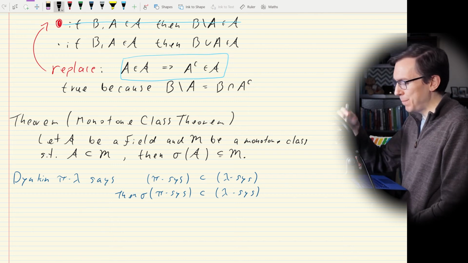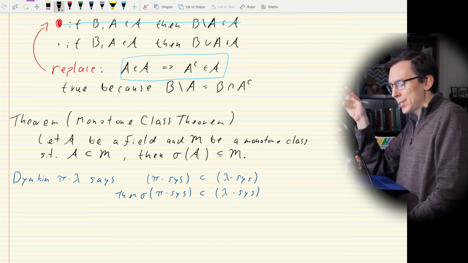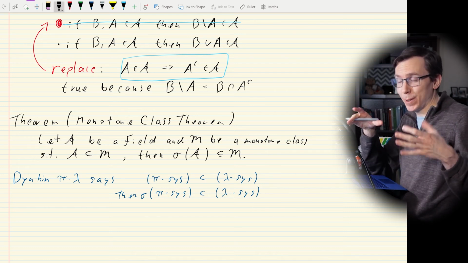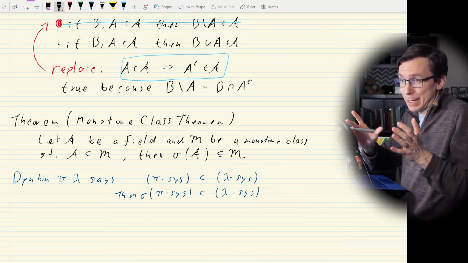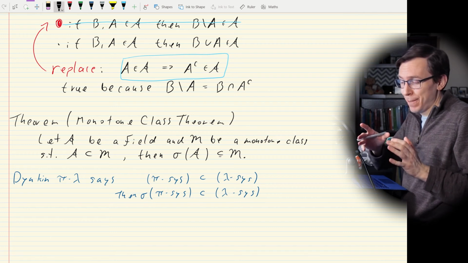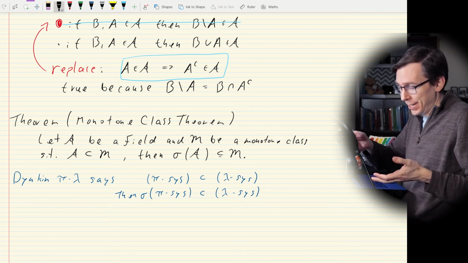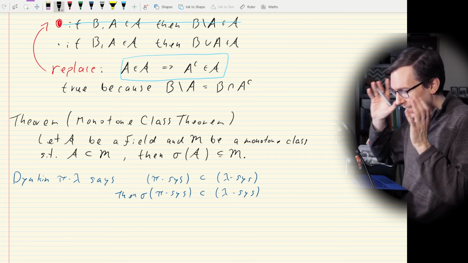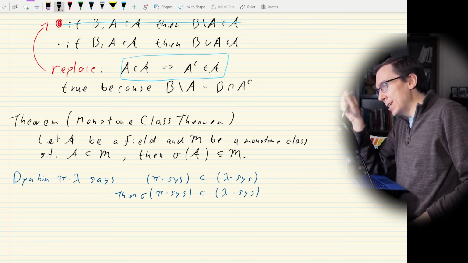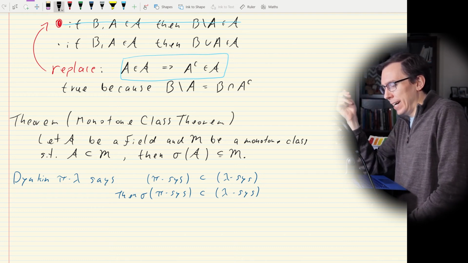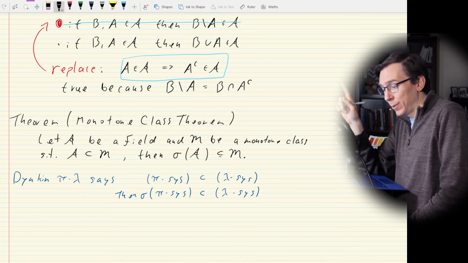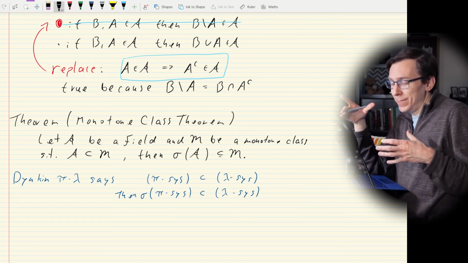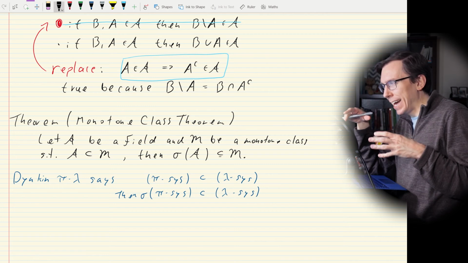So it has that same idea: when we used Dynkin pi-lambda, we set up a collection of sets that has a property that we want to hold. We show it's a lambda system, we show that the pi system is in the lambda system, and therefore the whole sigma field is in the lambda system. We're going to do the same thing here, and we're going to use the monotone class in what's to come. Right now we have to prove that this makes sense, but you can see in a way how we're going to use this again.